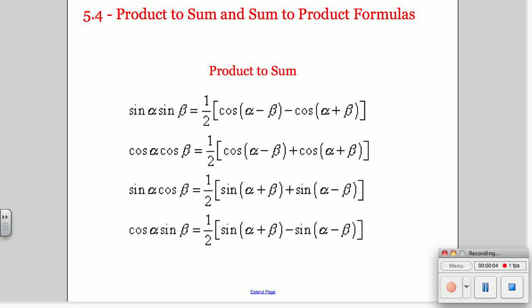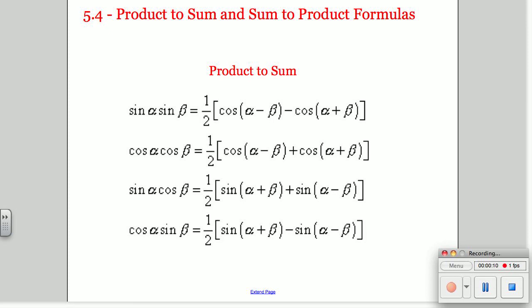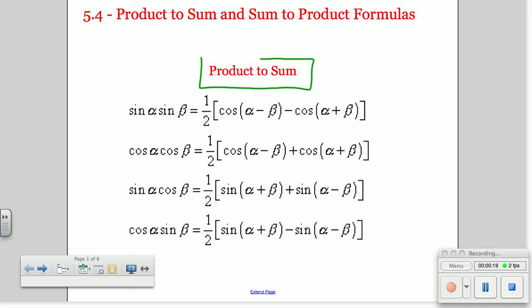This is video 5.4. Section 5.4, we're going to talk about the product to sum and sum to product formulas. We're going to start with product to sum first. Now you can see these formulas are listed here, and we use them when we want to find the product of two trig functions.